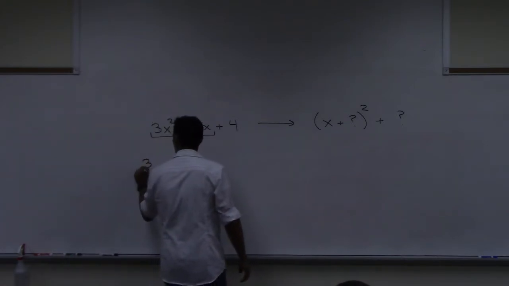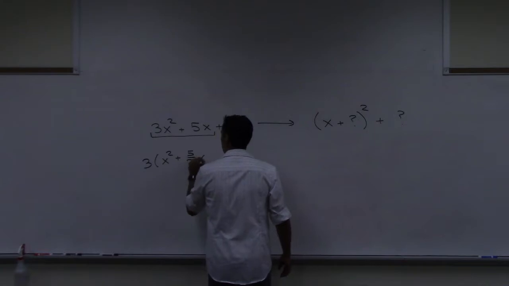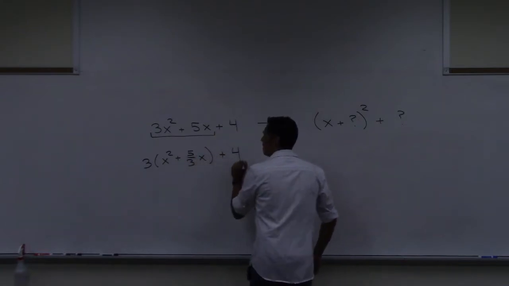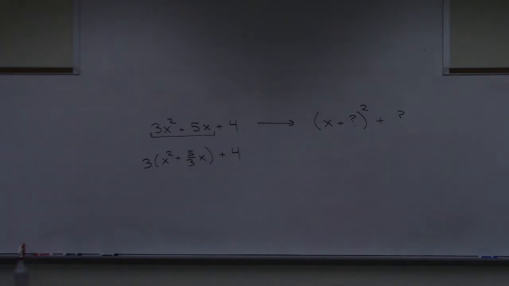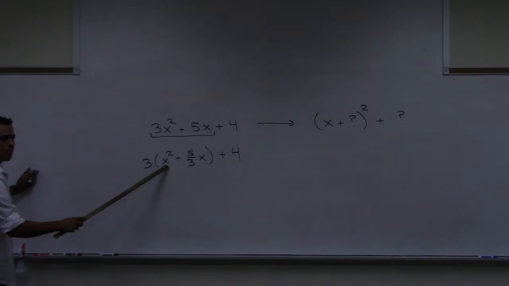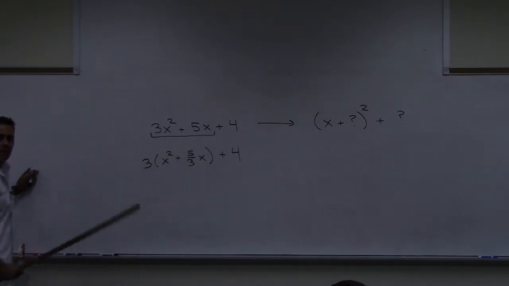We can still factor out a 3, can't we? That just becomes 5/3 x. Now you need to be able to see that step because it's the same problem, isn't it? Distribute the 3 through. That becomes 3x squared. The 3 comes over here, the 3's cancel, and it becomes 5x, right? So everyone agree that's the same thing?